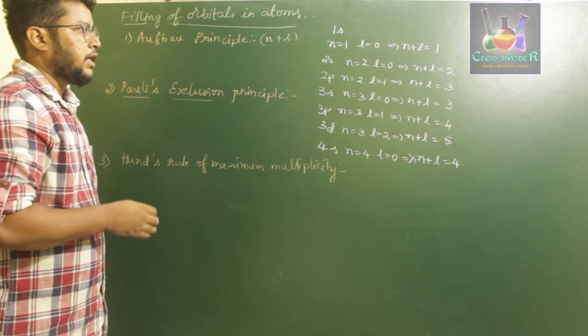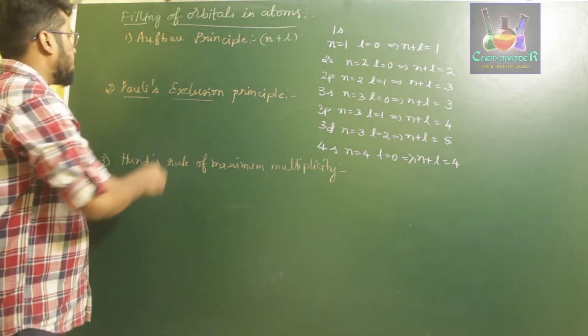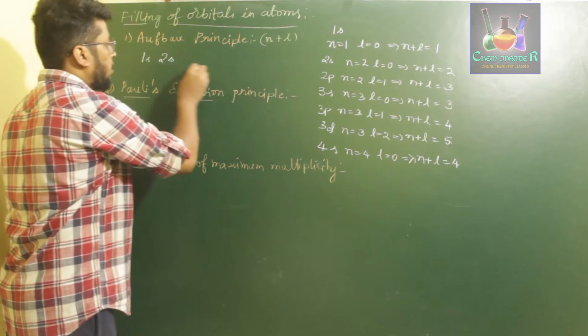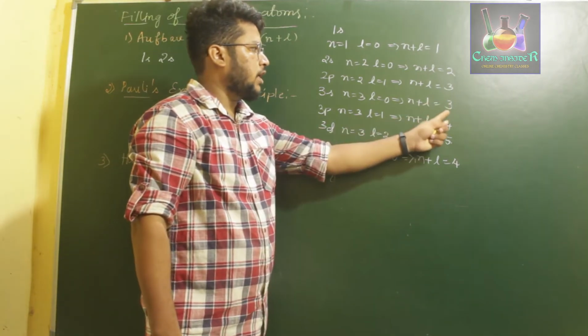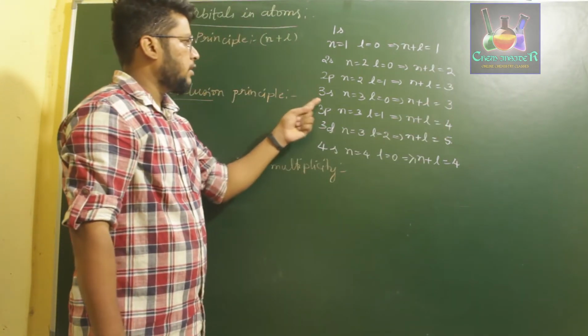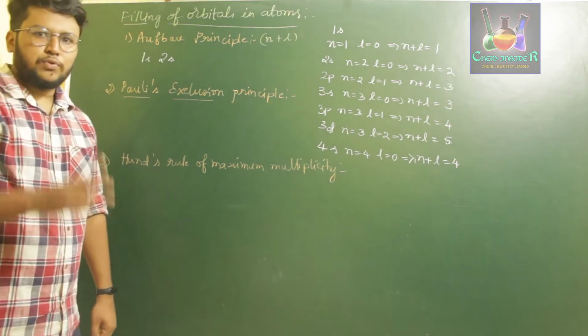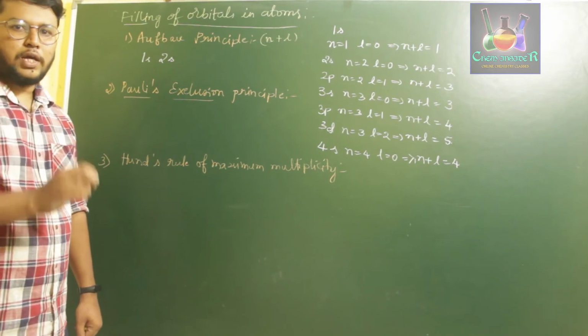Now if you arrange those orbitals in increasing order of n plus L value, we start with 1s, then 2s with 2, and then we have a situation where n plus L is the same, 3 and 3, for 2p and 3s. If two different orbitals have the same n plus L value, we should consider the orbital with the lesser n first.